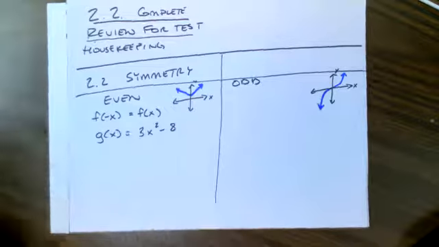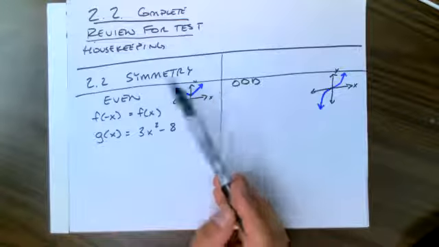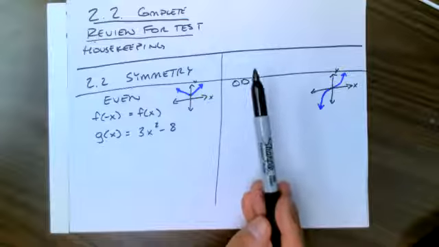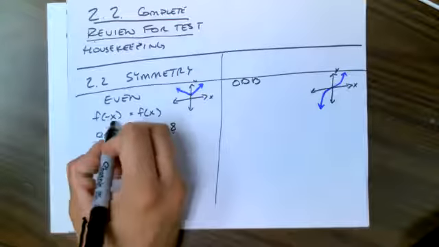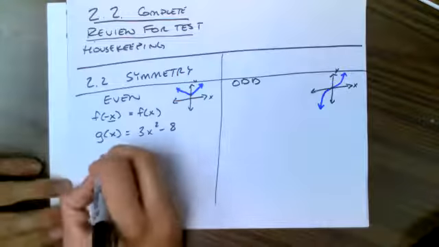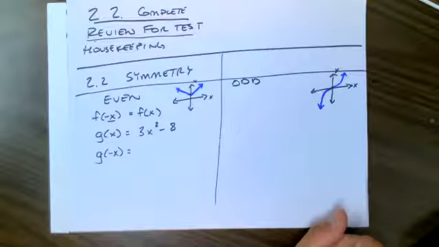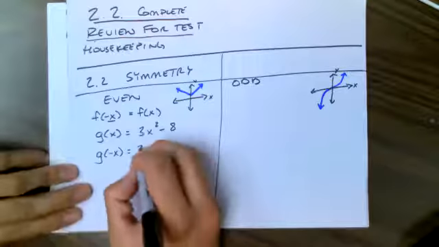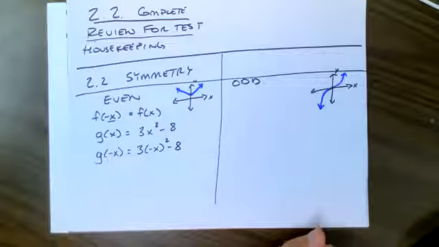If I wanted to test for even or odd symmetry with an equation, I would put negative x in for x. That's why we went over that in the last lecture. So I put negative x in, and I get 3 times negative x squared minus 8.